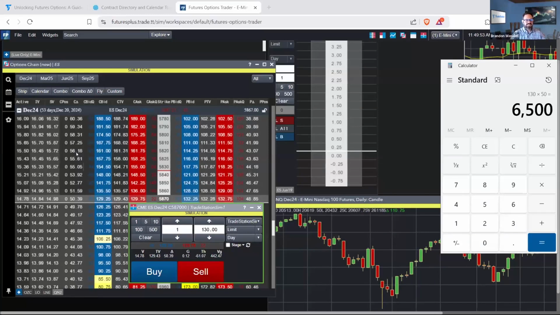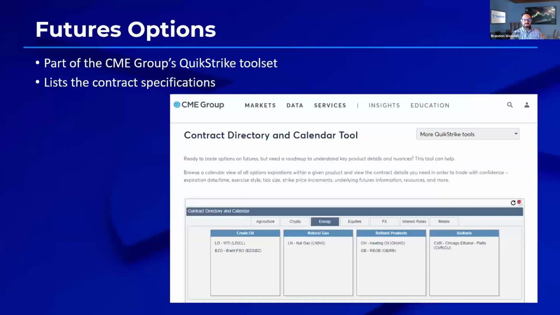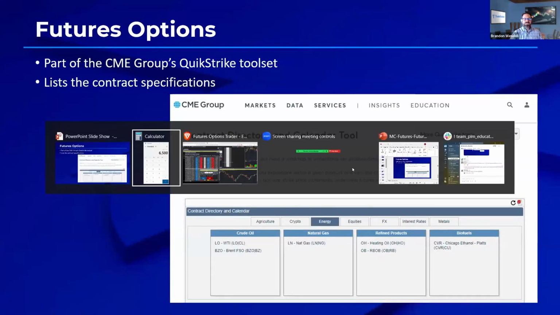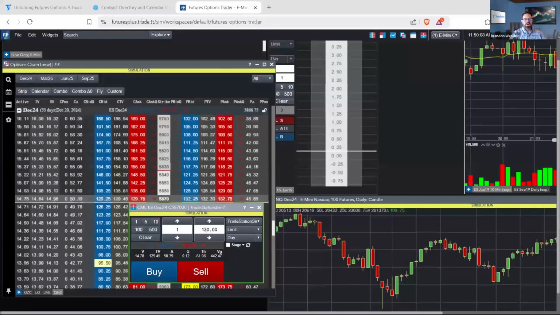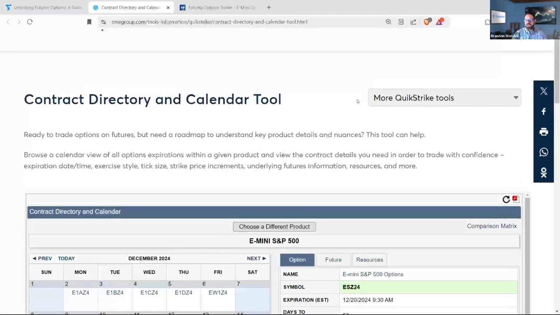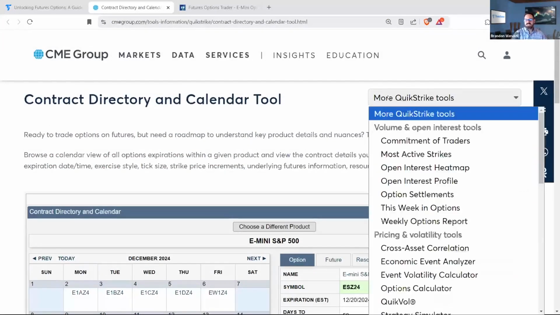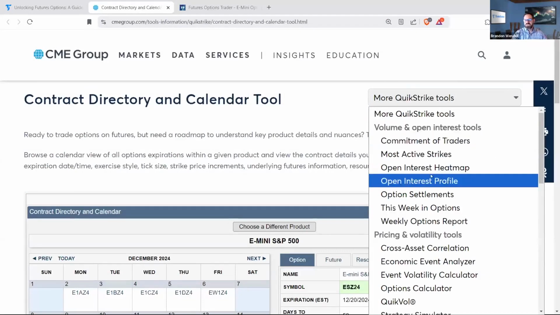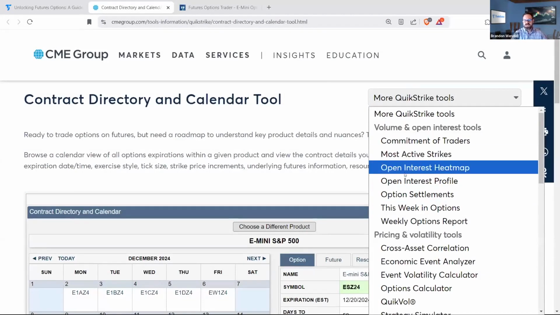This is the December contract. It has 53 days left till expiration. So again, going back to the calendar directory and calendar tool, plenty of information there. As I mentioned before, this is actually part of a bigger suite of tools. And right here, it says more quick strike tools. You can see there's actually quite a bit there if you're interested in using it.